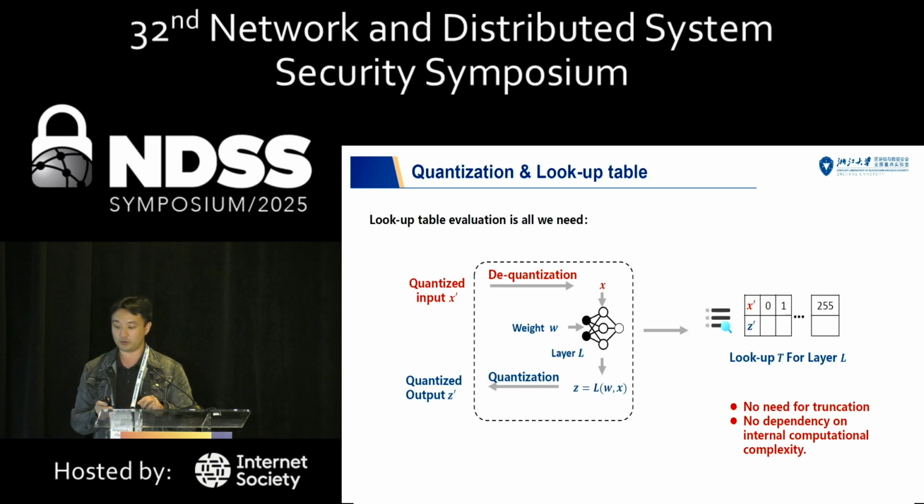In this work, we find there is a certain operation that can fit the quantized model quite well: the lookup table. Why? What we mean is we represent every function as a lookup table, including the linear function in the models.